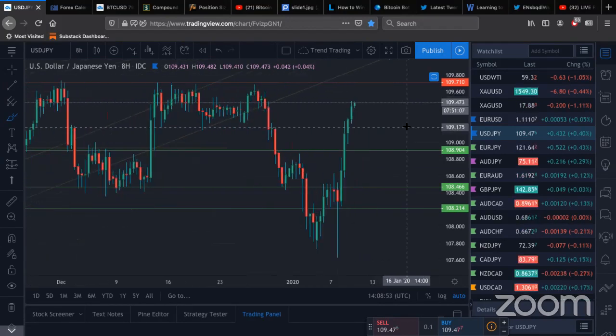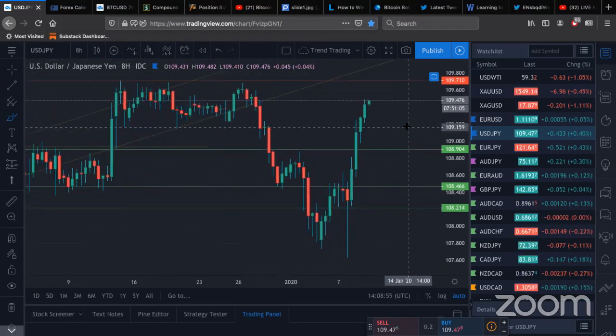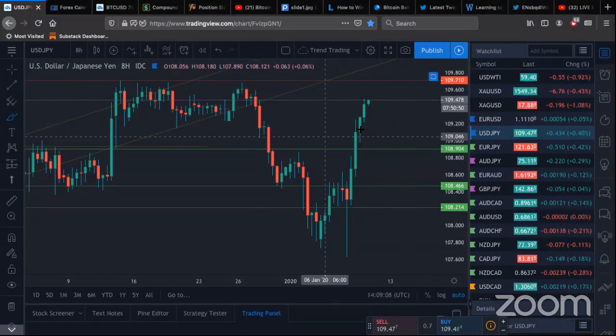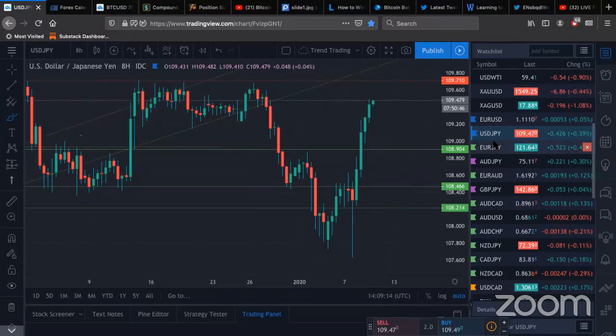I'm completely undecided, and right now I'm just holding an open trade. I'm about 23 pips into profit. So I'm just waiting and watching.